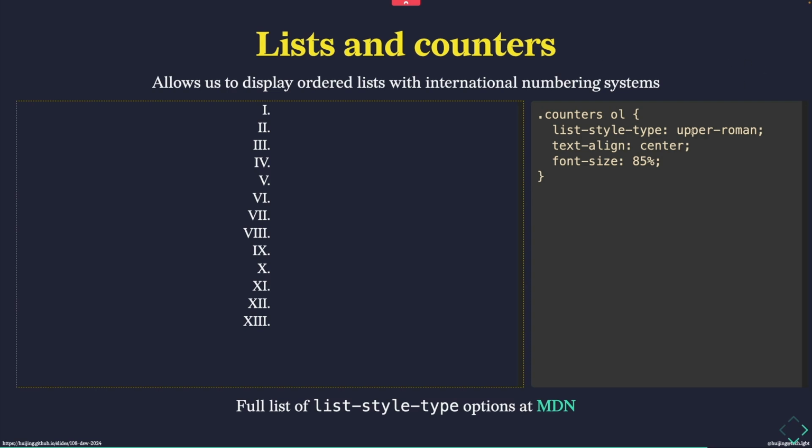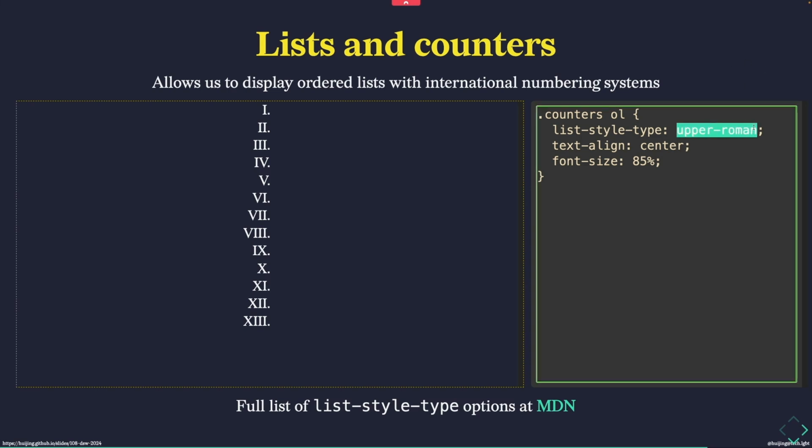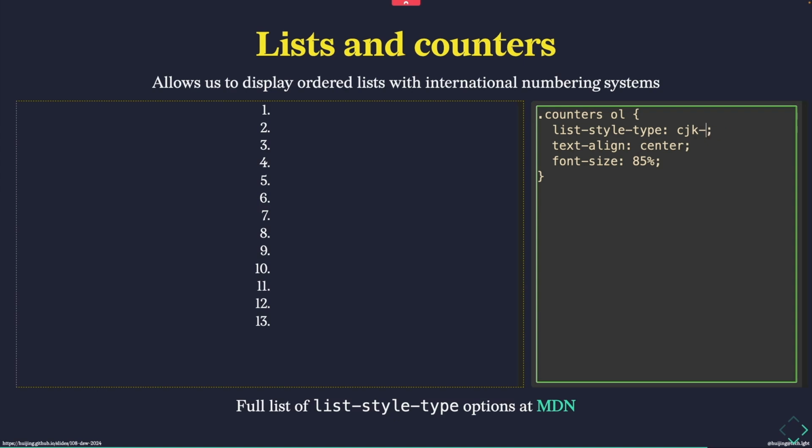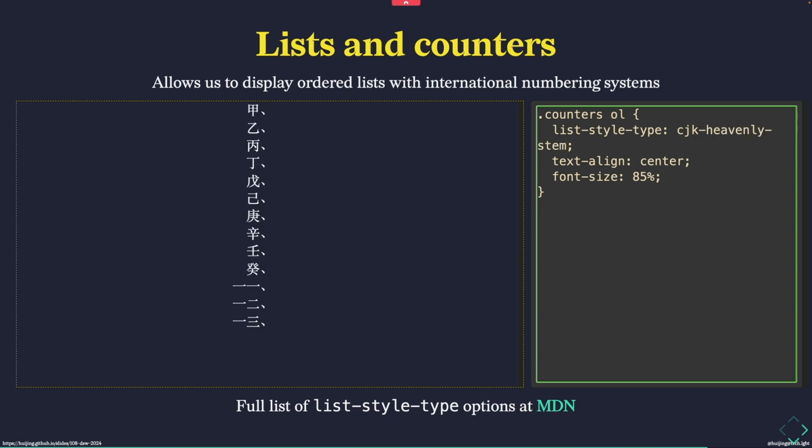For example, this is standard, upper Roman, but I like cool things like CJK earthly branch. It's a Chinese thing, but I love that they translated it into earthly branch, and there's also heavenly stem. Yes, I'm very happy that this actually made it into a specification and into CSS.